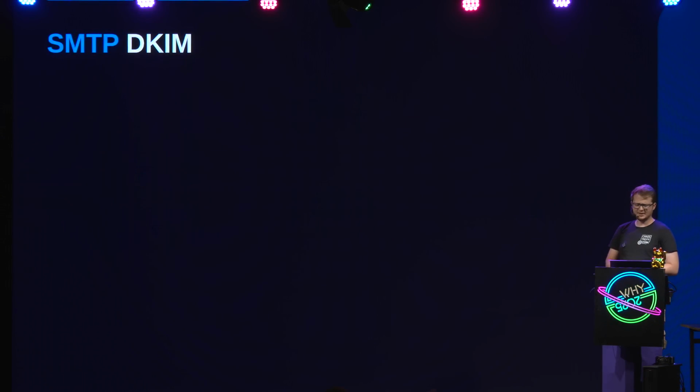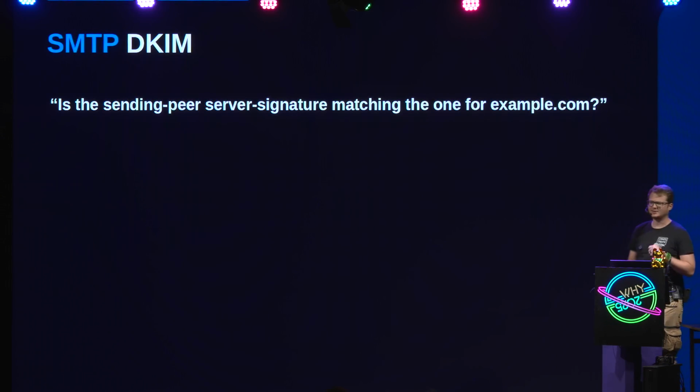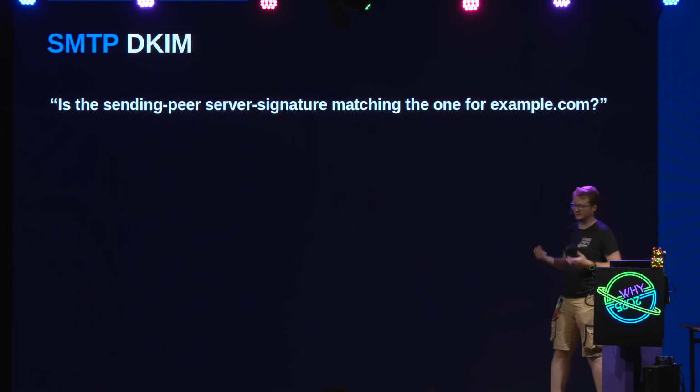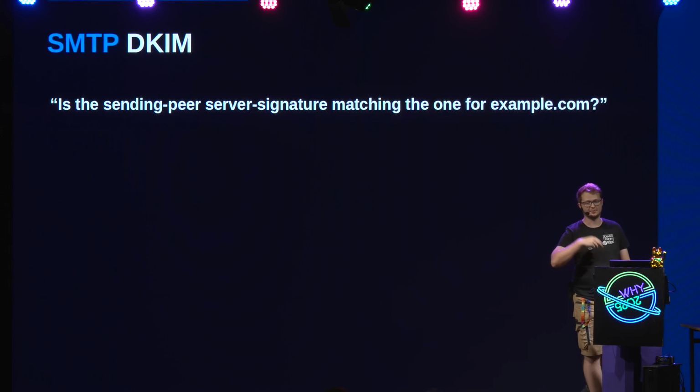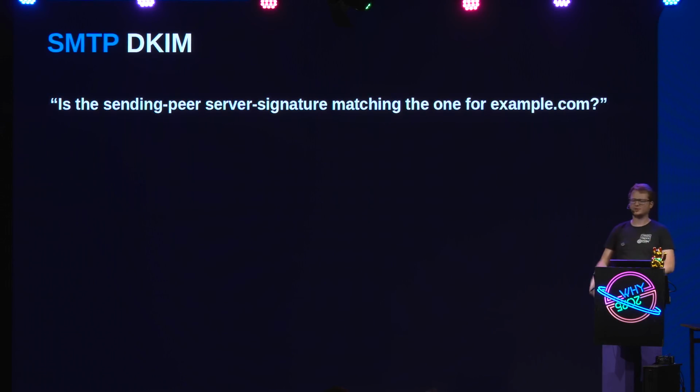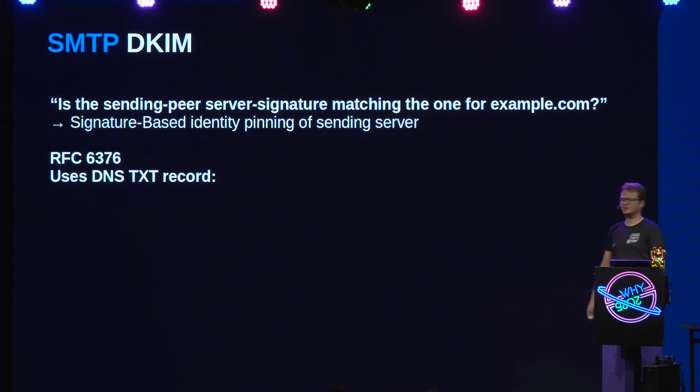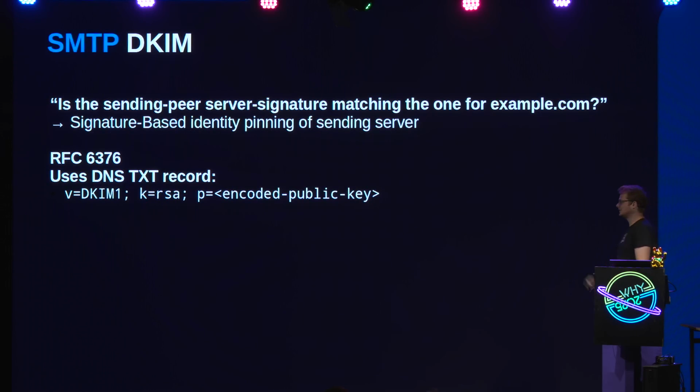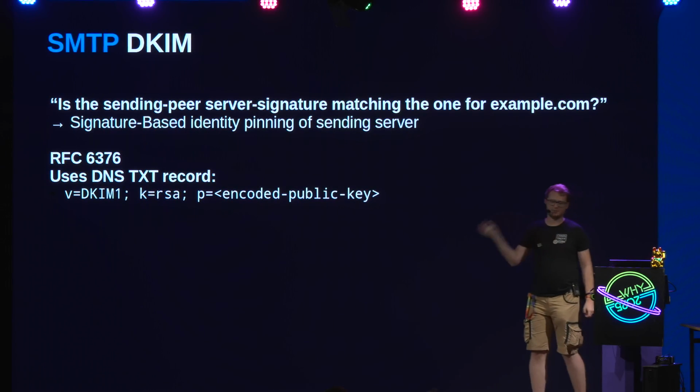DKIM is another way. In this case, we're requiring all the sending parties' email servers, so our servers, to also sign the emails. You now have to create a private and public key pair on your servers and publish the public part. And once again, guess what? DNS TXT record. In those cases, you encode the key in there, for example as a base64 string.